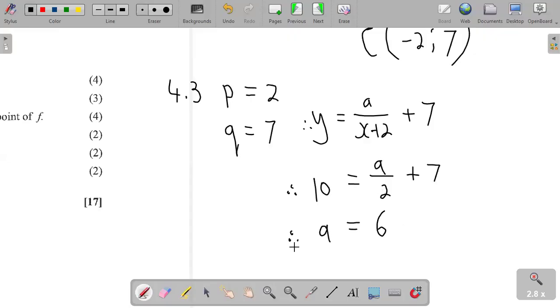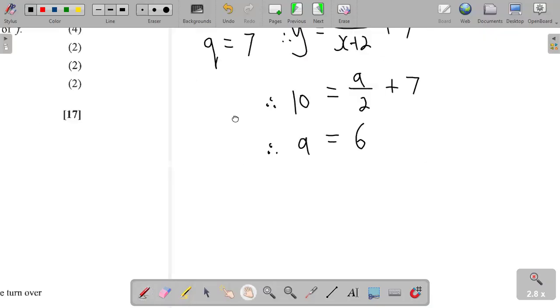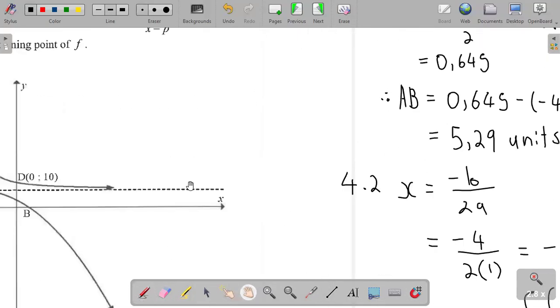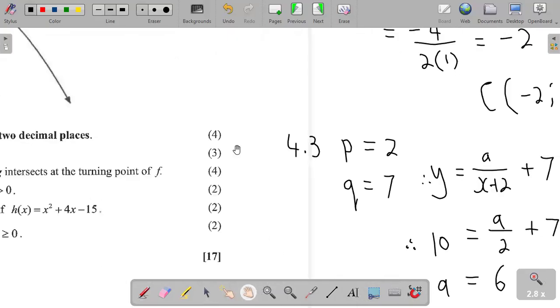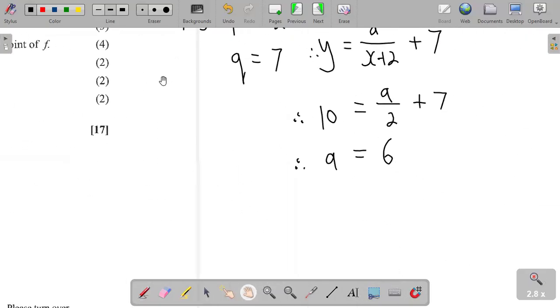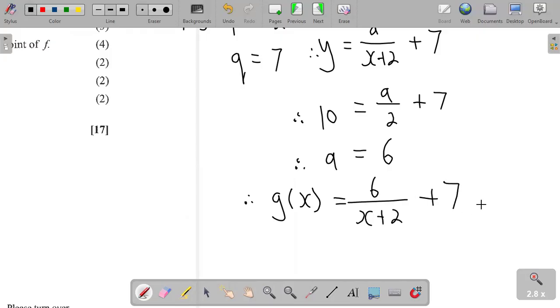So then the equation, it means therefore g of x equals 6 over x plus 2, then plus 7.